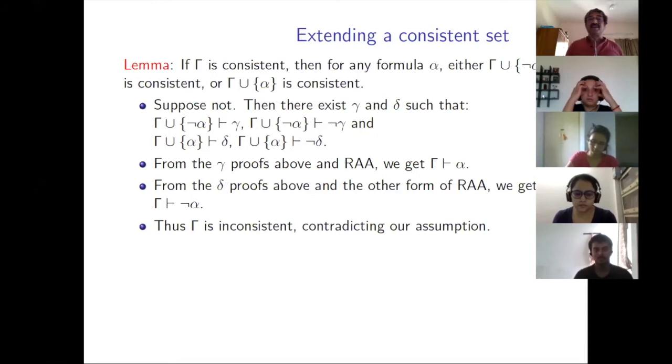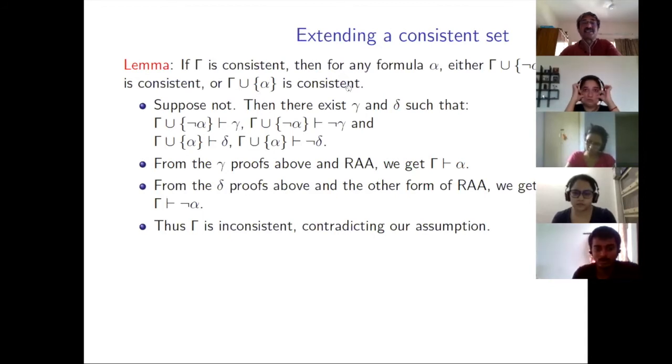Once again, see how the proof works. Start with gamma is consistent. We want to show that for any formula, either you can add that formula consistently or negation alpha consistently. Suppose you cannot, right? Then there is some alpha such that both these sets are inconsistent. From the inconsistency of the first set, you get two proofs, one with gamma and one with negation gamma.